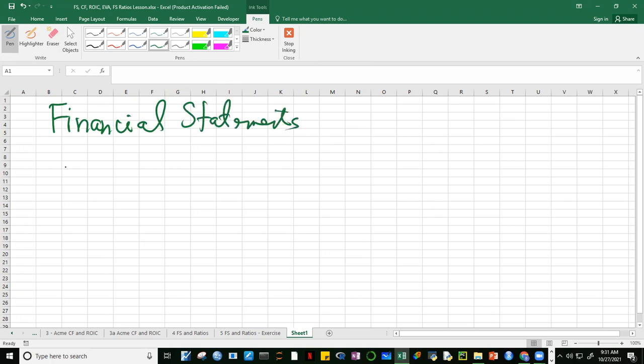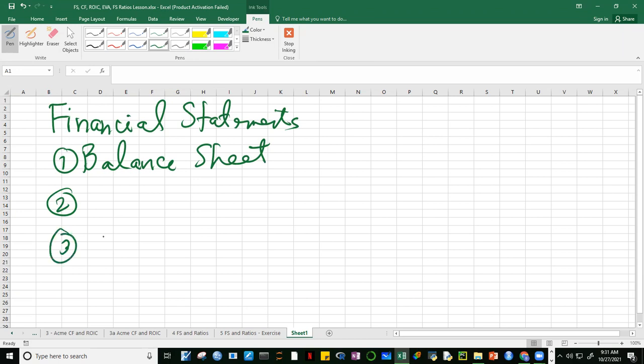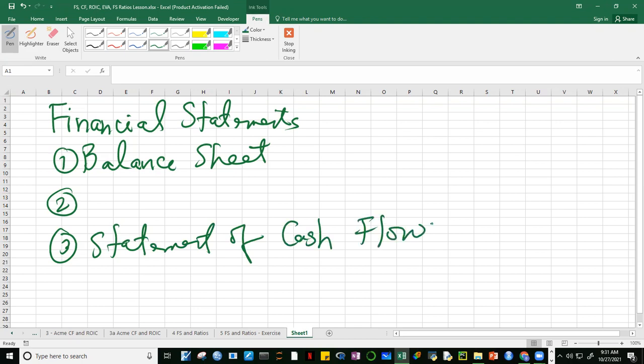The first one is the balance sheet. The next one is the cash flow statement. Number 3 is the statement of cash flows, and number 2 is the income statement. Sorry, I skipped number 2. Income statement.